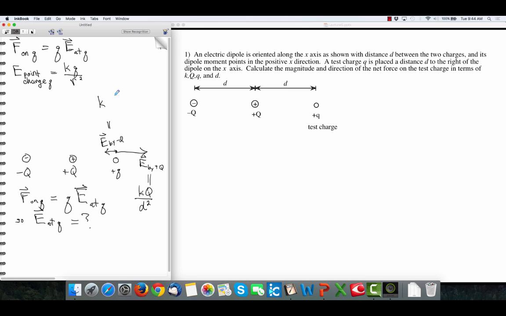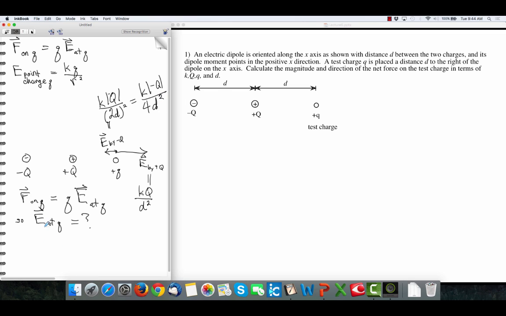Well, K. I just want to do magnitudes now. So I'm going to take the magnitude of that. What's the distance to the test charge from negative Q? 2D. So 2D is what gets squared. Square the 2, you get 4, so that's 4D squared.